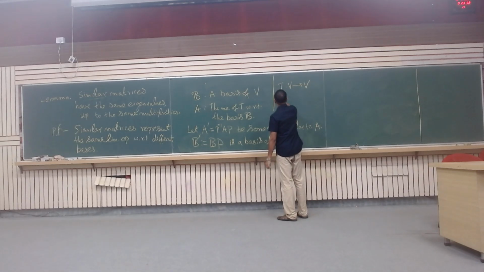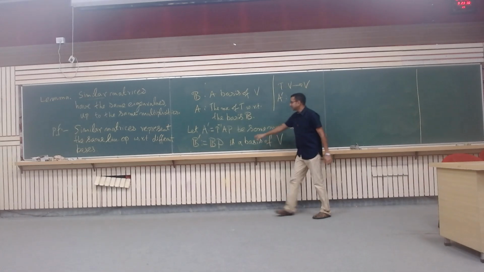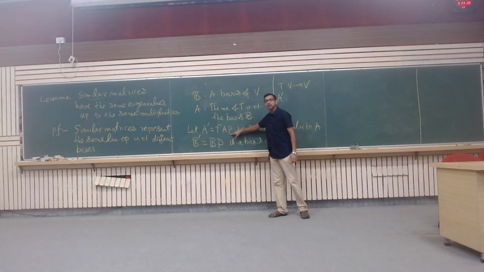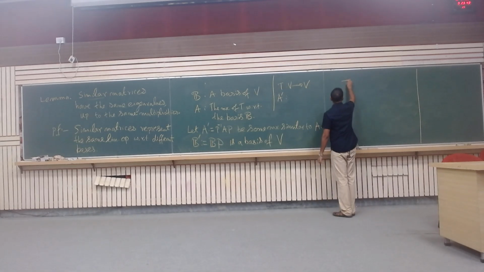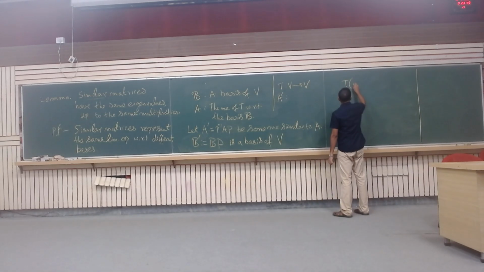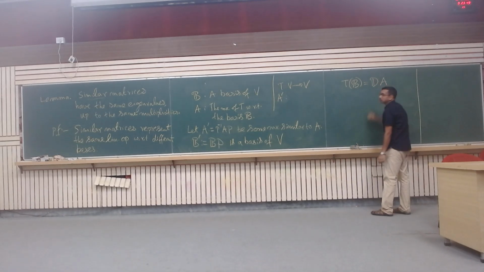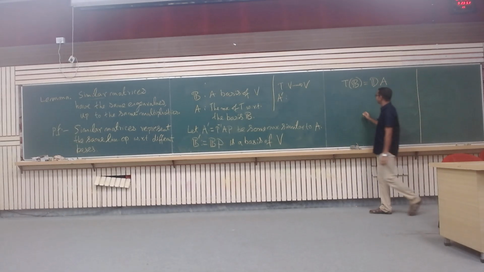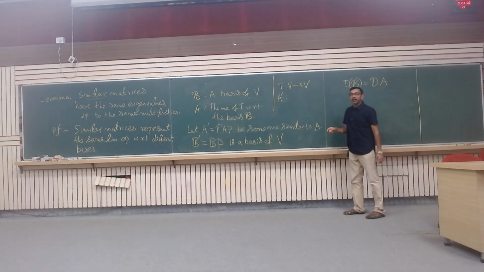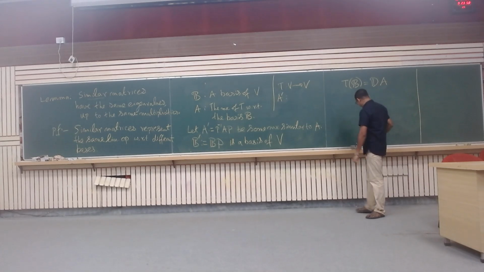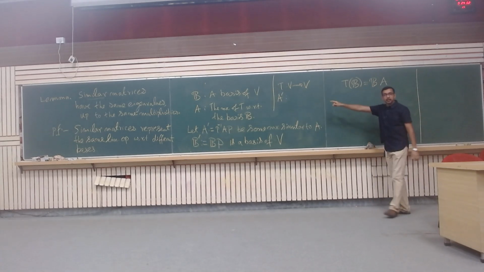And what is A dash then? Well, let's just recall. If you recall, we had the matrix of a linear operator defined in this manner, and now since it's a linear operator from V to V, and since the only basis we are given is B, instead of this we will just have B here at the beginning, okay?